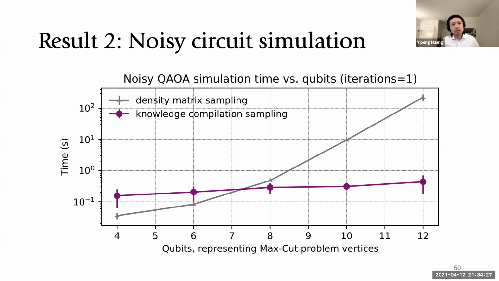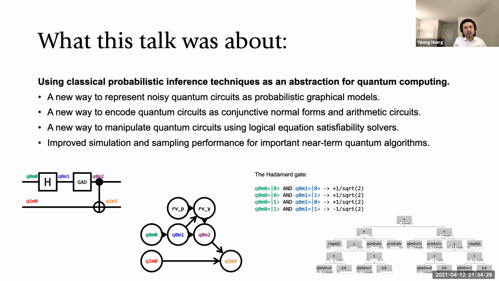All right, so I want to cap up our talk today. In this work, the high-level key insight is we can use different abstractions to represent quantum circuits, especially noisy quantum circuits. And we can then use inference techniques that we borrowed from classical inference, which allow us to do repeated simulation.